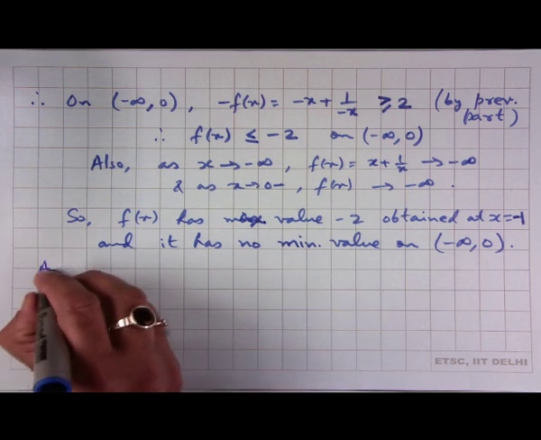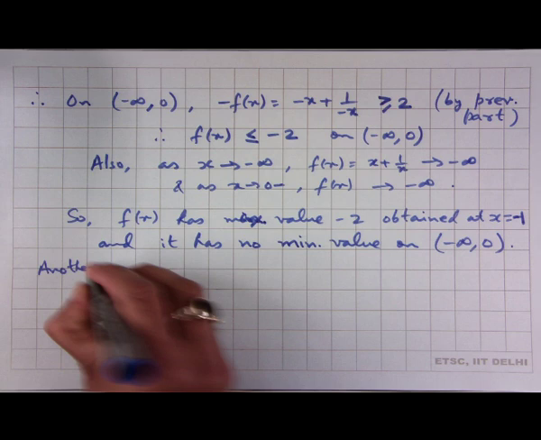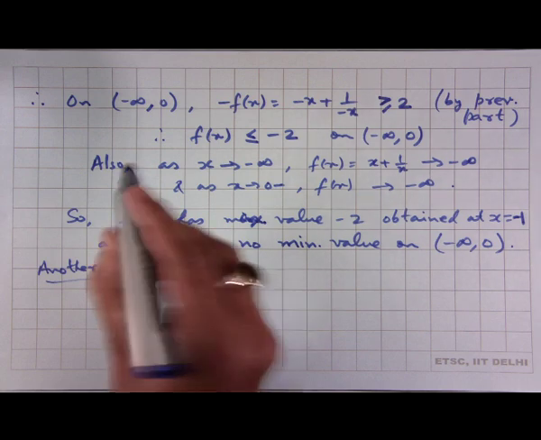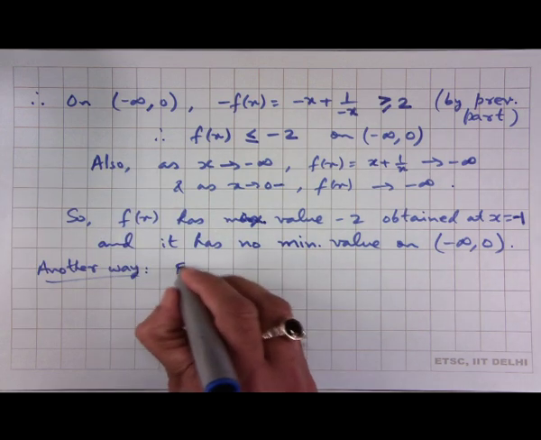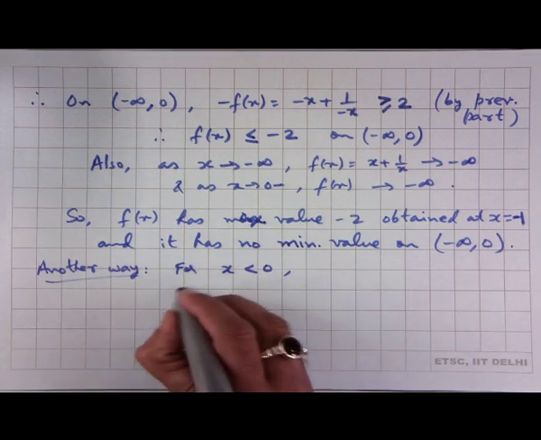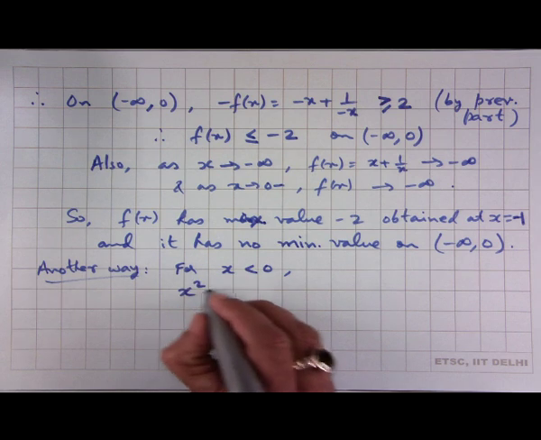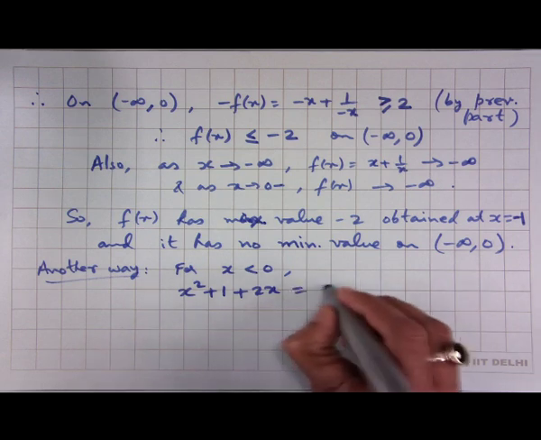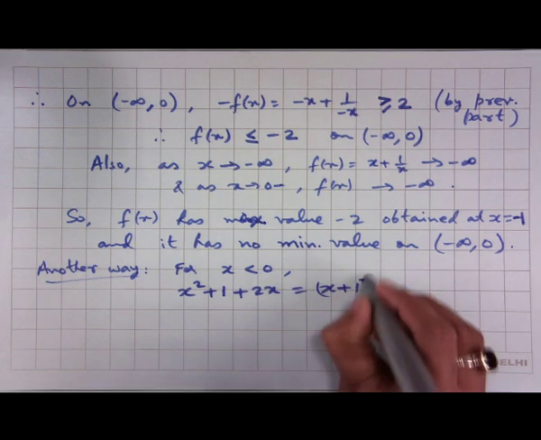Another way is just like we did for the first part. For x less than 0, if I write x square plus 1 plus 2x, this is equal to x plus 1 whole squared.